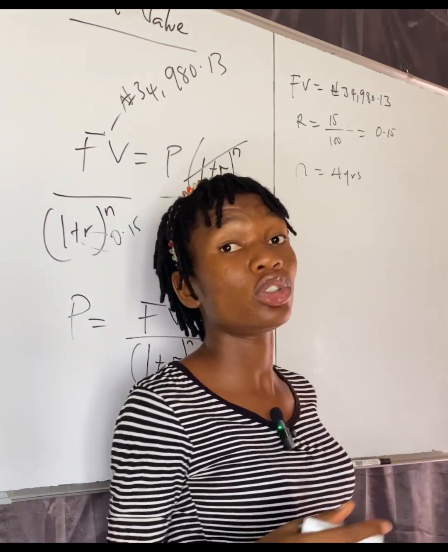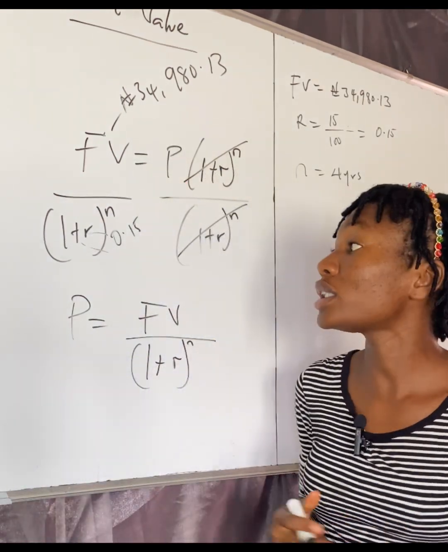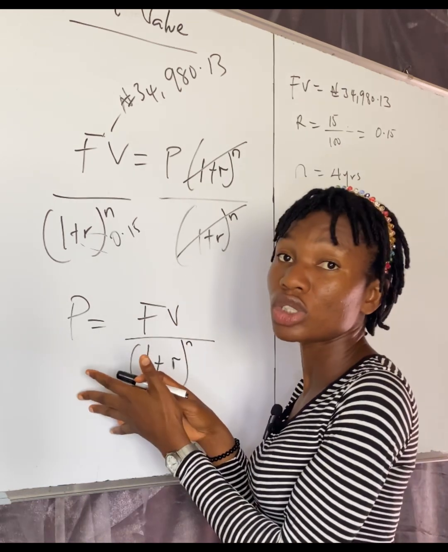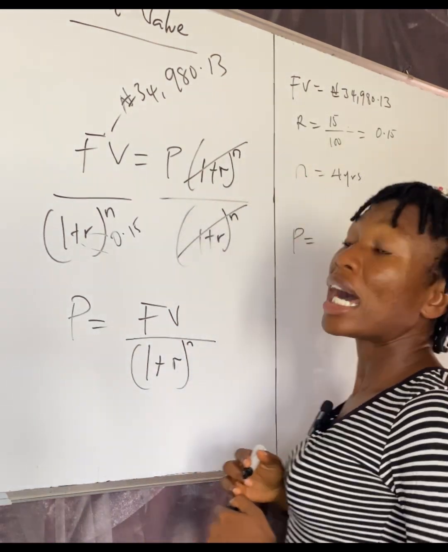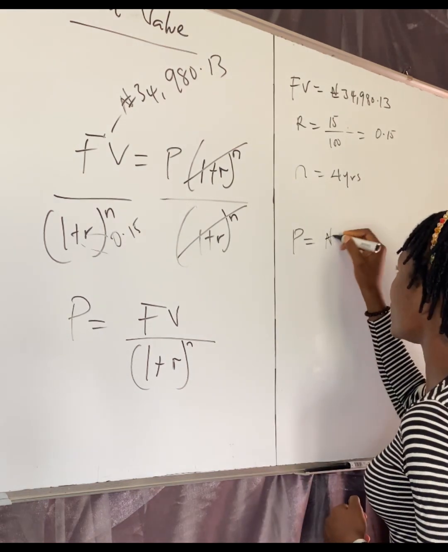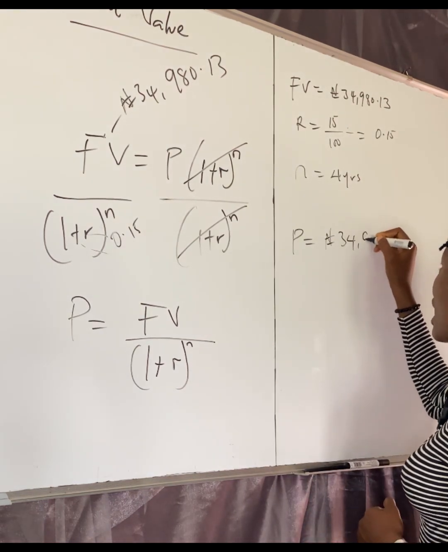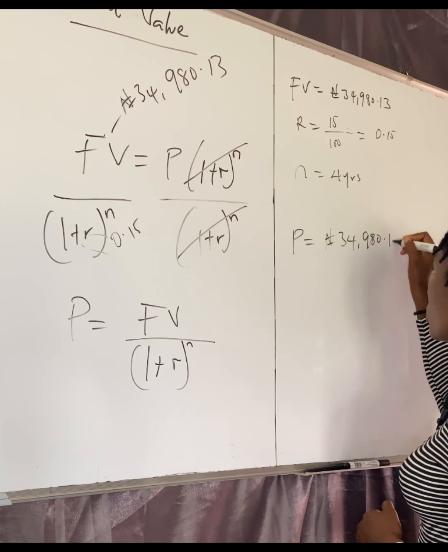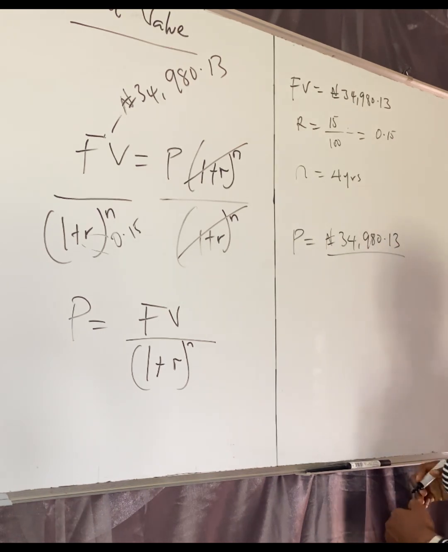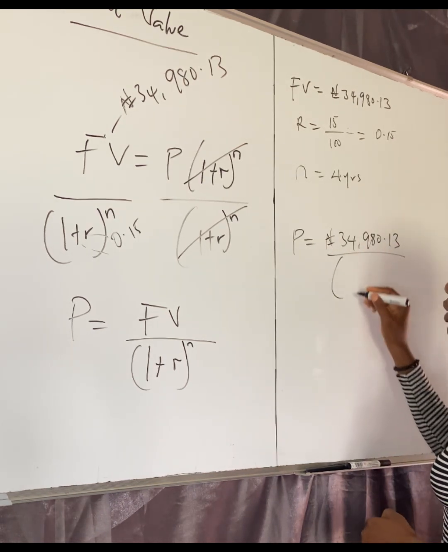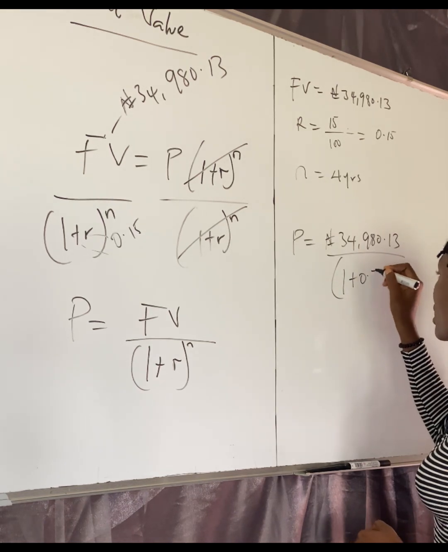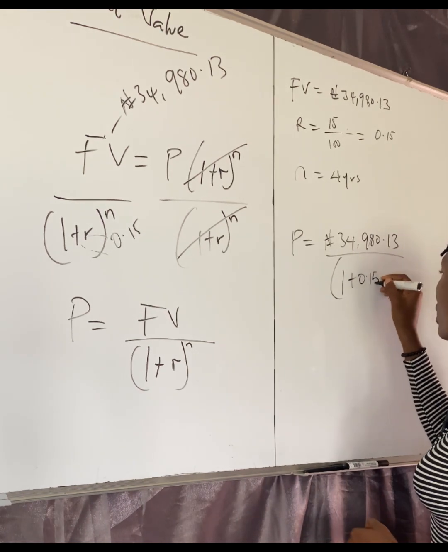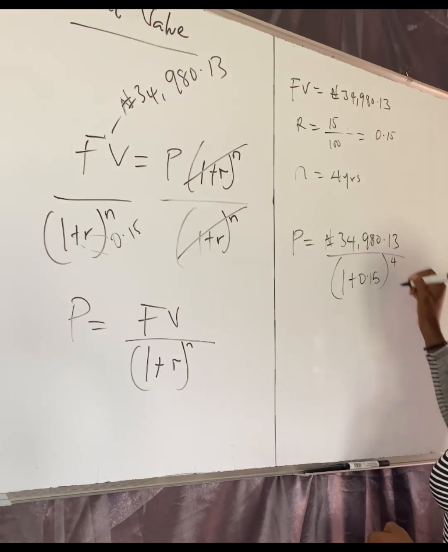We are just going to fix these into our formula. This is our present value or principal, and our future value is 34,980.13, divided by the bracket: 1 is constant, plus 0.15 for the rate, raised to the power of 4.